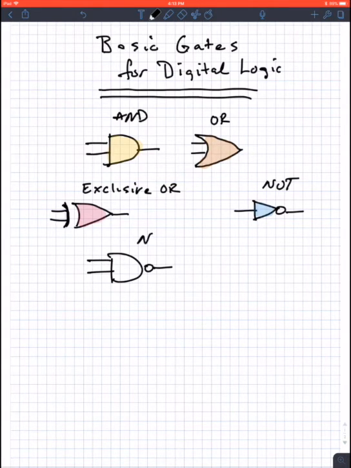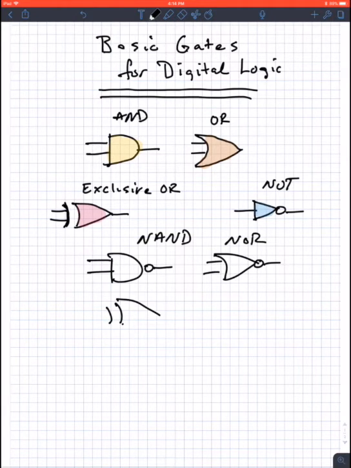So this would be a NAND gate, meaning not AND. Okay, and then this would be a NOR gate, meaning not OR. And you can even do that on an exclusive OR. And when you do that, it's called an equivalence gate.